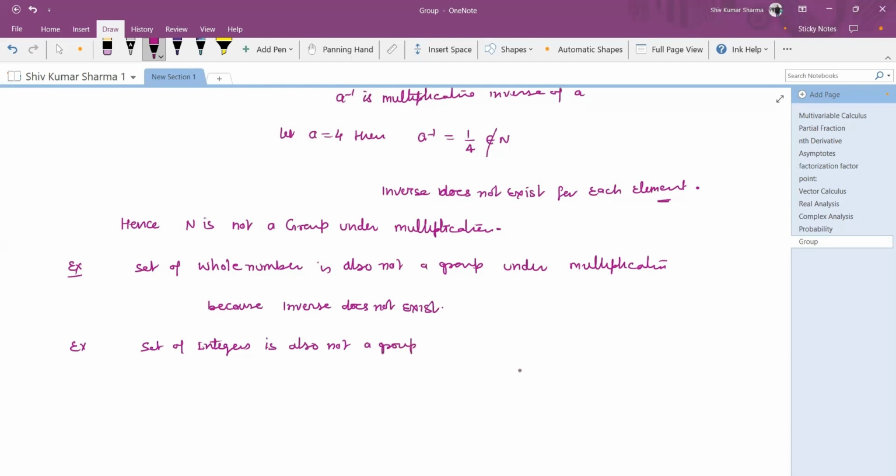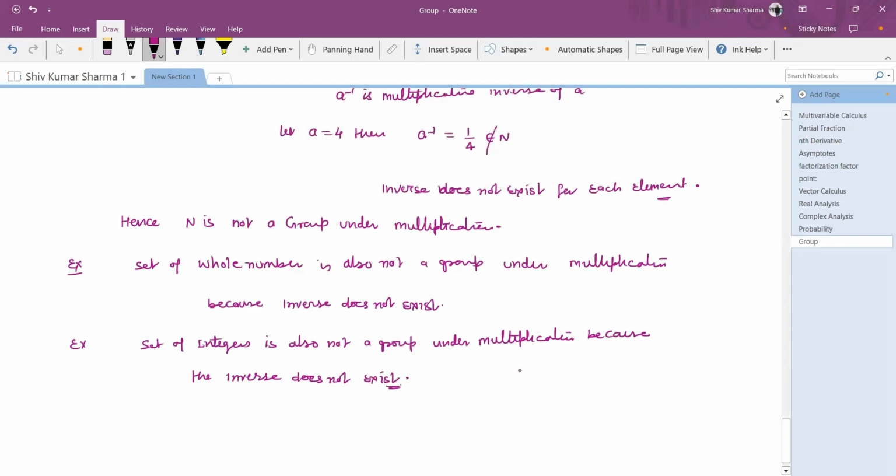Under addition it is a group, but under multiplication it is not a group, because the multiplicative inverse does not exist.